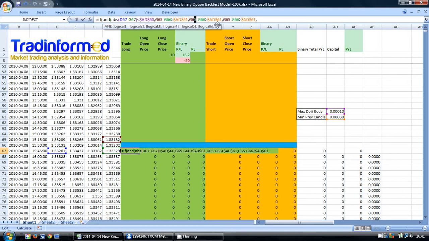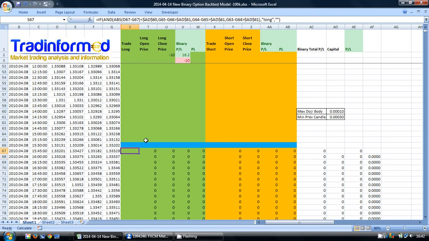And there we can see that it's correctly highlighted the 3 preceding bars that we wanted it to do. Okay, so if it meets all these criteria, I want it to enter the text long, and if not, I want it to enter nothing.